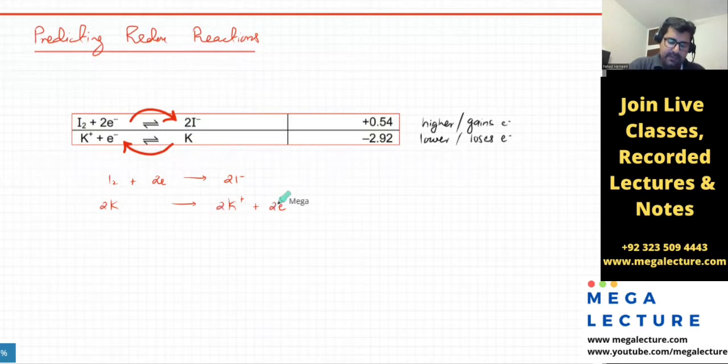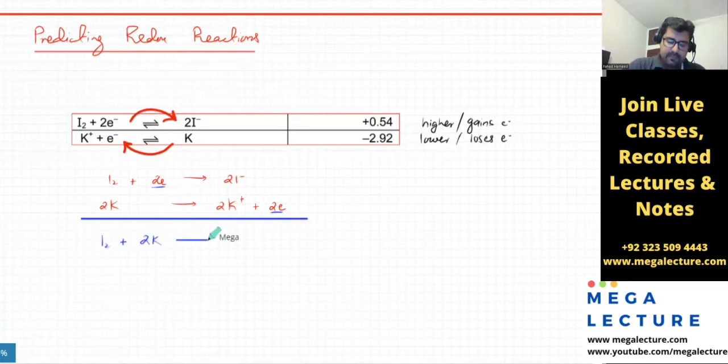So that means 2 electrons are gained and 2 electrons are lost. Add up the two reactions, the reactants and the products, and so it's going to be I2 plus 2 potassiums, and the product would be 2I minus 1 plus 2 potassium plus 1. So you've figured out your redox reaction. That's about it. It's very easy. High gains, lower loses. That's it.